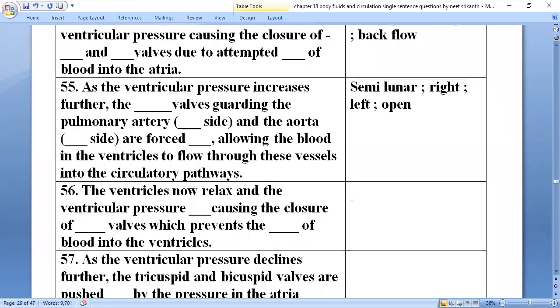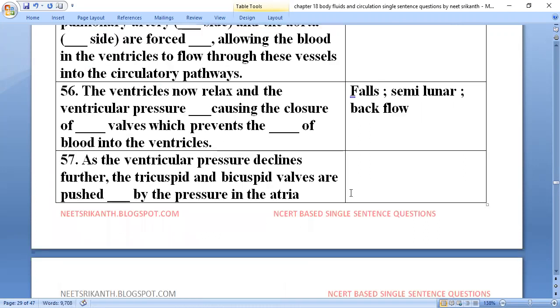The ventricles now relax and the ventricular pressure falls, causing the closure of the semilunar valves, which prevents the backflow of blood into the ventricles.